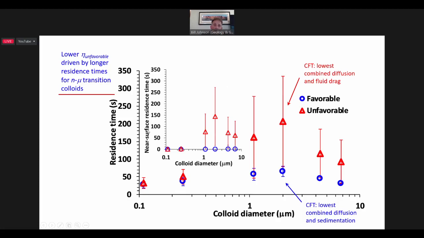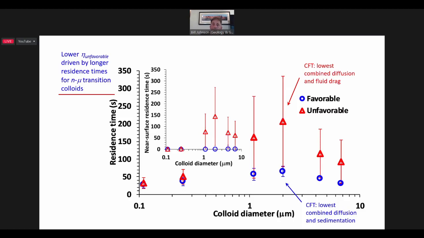Their residence times in the near surface, or in the bulk fluid plus near surface, are much longer than the other size colloids. That's because they have the lowest combined fluid drag and diffusion, and that inhibits their ability to find these heterodomains. So we're starting to be able to explain experimental data based on fundamental processes.